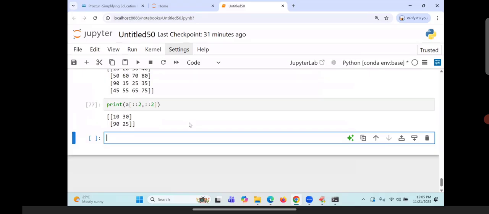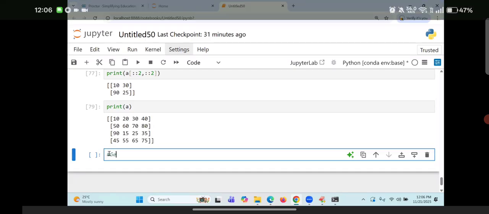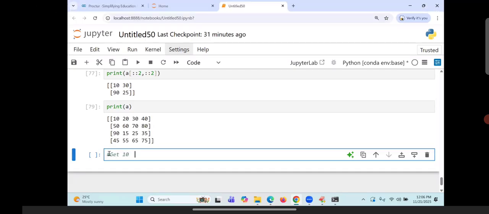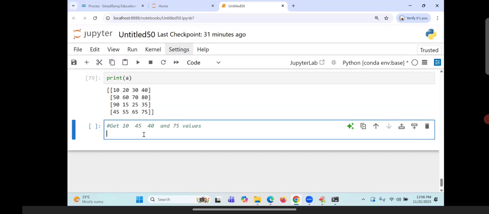Getting it? Easy or difficult? Easy. Now I'll ask you an important question. Ready to answer? Yes. Now I'm going to write it. Print of A. Now I will ask you to get 10, 45, 40, and 75 values.